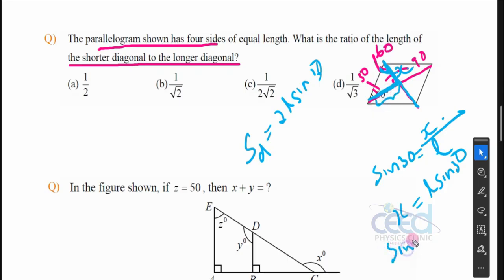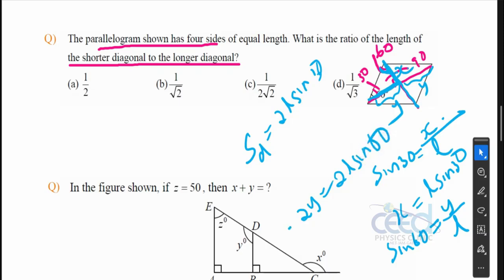Here sin 60 is equal to y divided by L, where y is this length. Then the longer diagonal is 2y, which is equal to 2L sin 60.